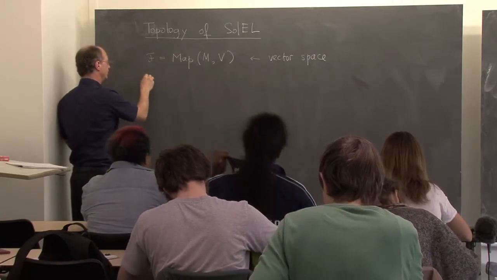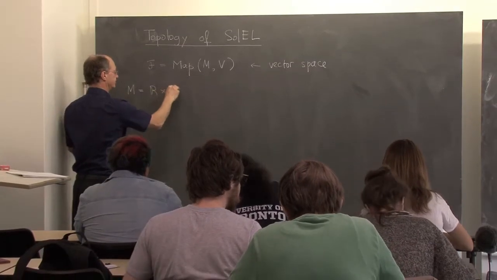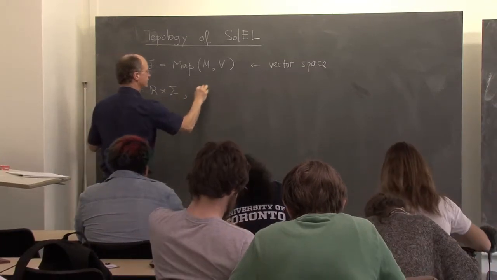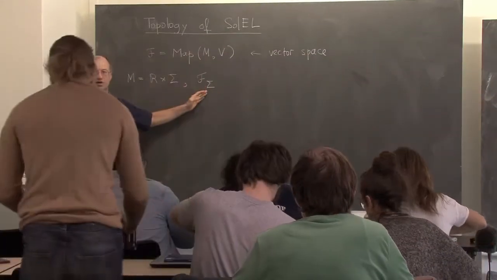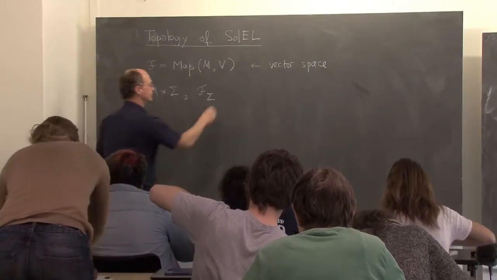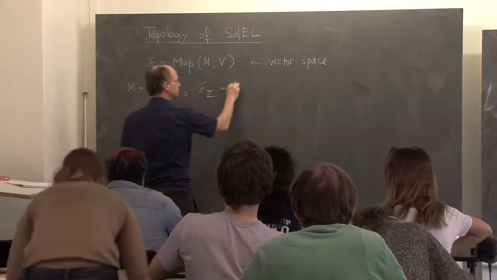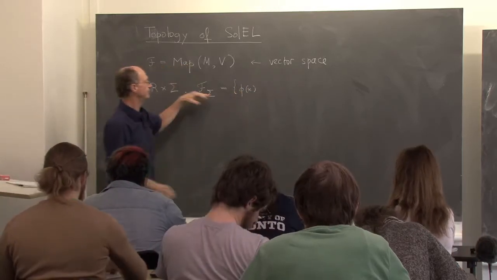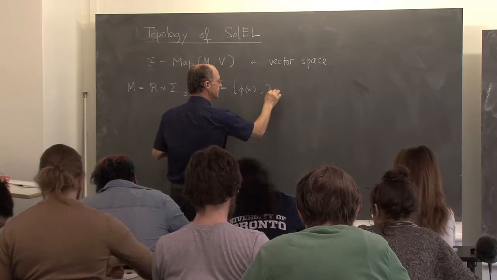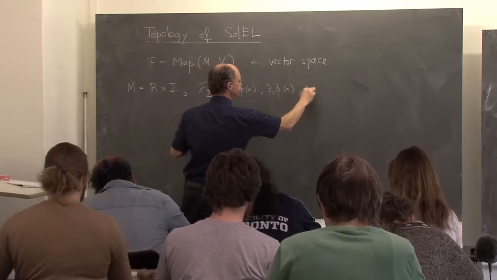And also in the case of M being R times sigma, we identified, or we hope to identify, L with F sigma, which was the space of values of fields on sigma together with their time derivatives.